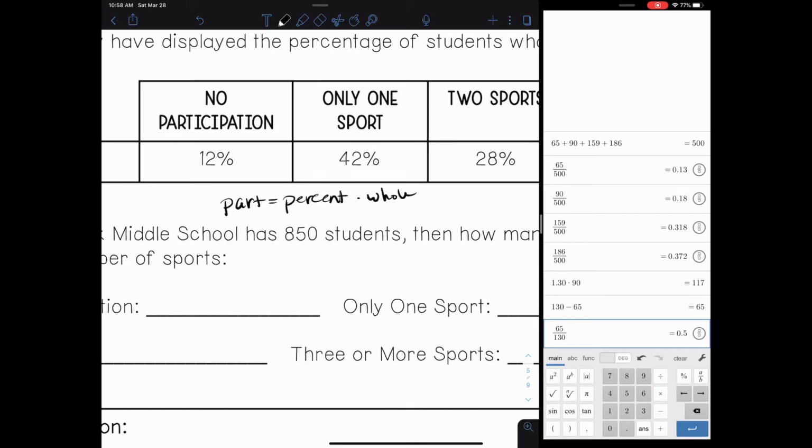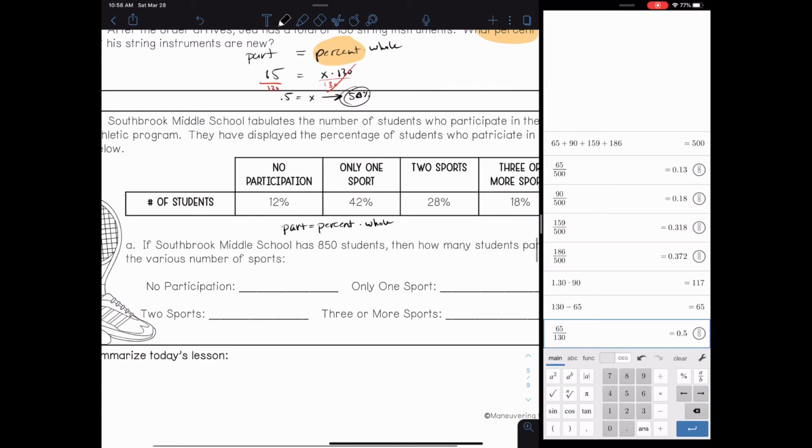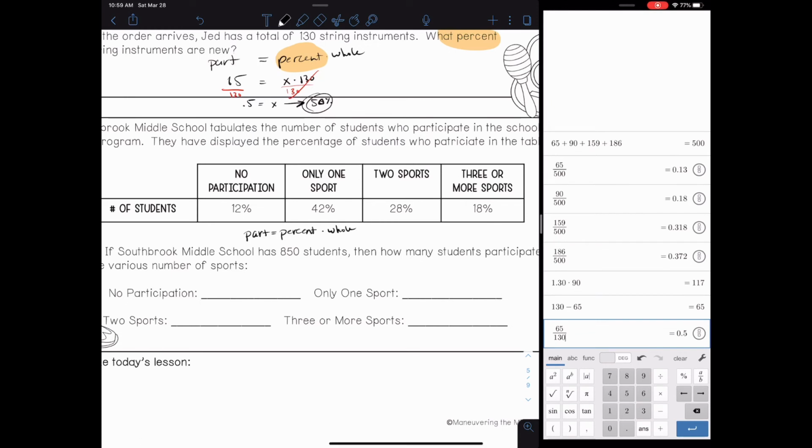Looks like the percentages are going to come from whatever situation is being discussed. No participation, only one sport, two sports, three or more sports. And it looks like the whole, well, what's the whole? Automatically, the whole is always going to be 850. So it looks like the only part that's going to be missing is the part.